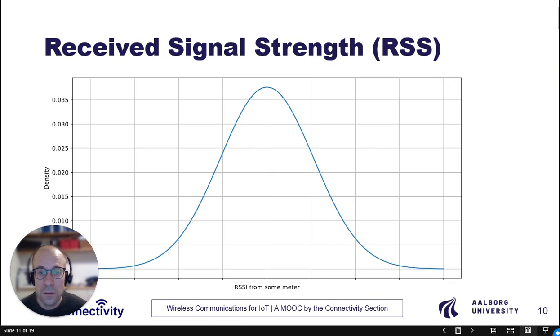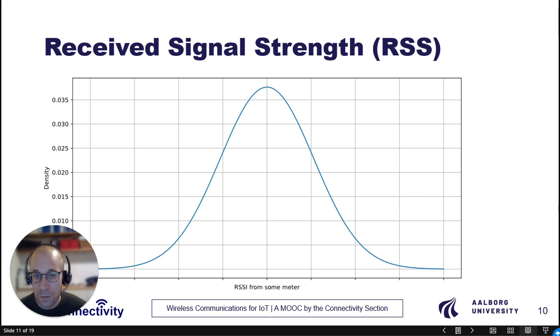If we look at the signal strength, it will, due to this multipath effect that I mentioned briefly in one of the first slides, cause a probability distribution for the signal strength received by the base station. The mean value will represent the signal strength coming from the main path, but due to these multiple signal components from other paths, it will vary around this mean value following some distribution.